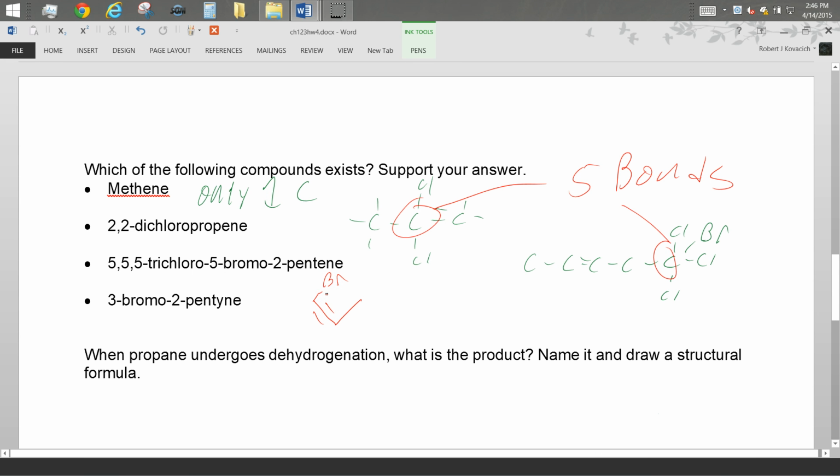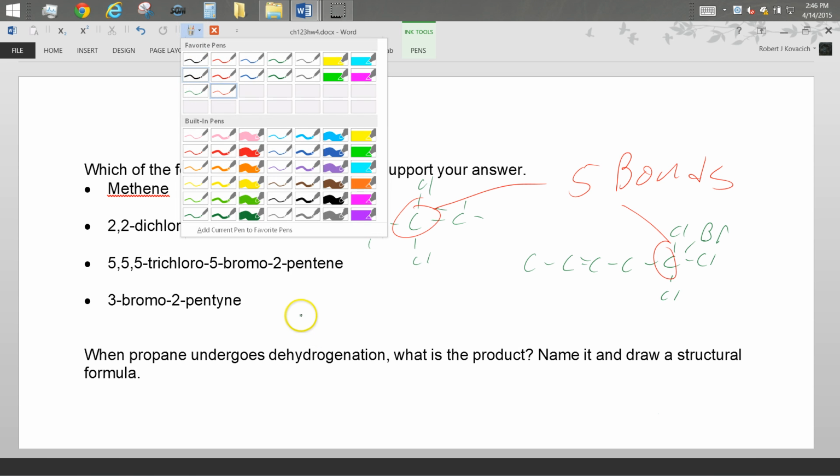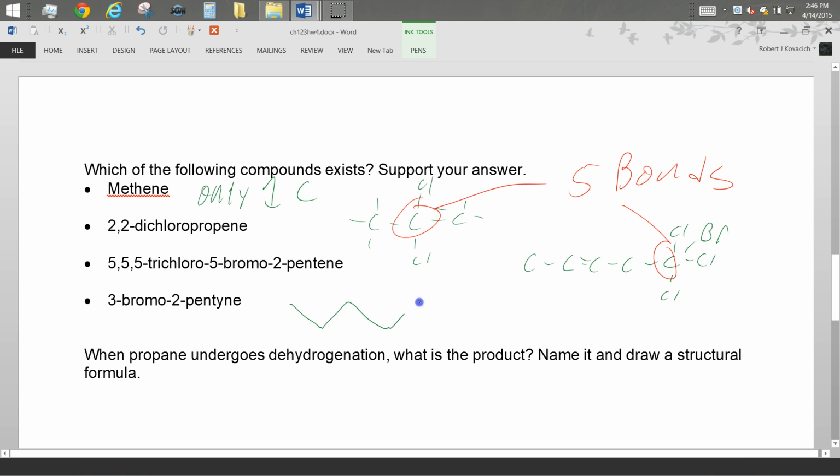Are you on the 3? Where are you? Oh, I'm sorry. It's pent, not pent. 2, 3, 4, 5, and so 1, 2. Okay. Oh, I see what you're saying. And 3 bromo. Yep. Okay. So same situation. 5 bonds on that carbon right there. Okay.